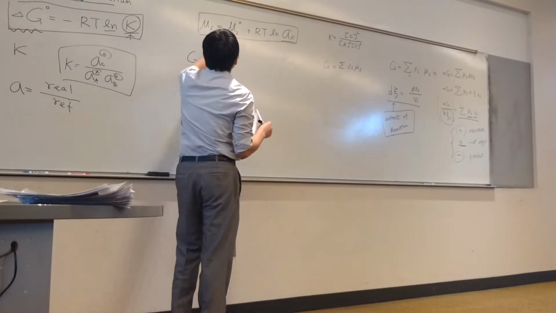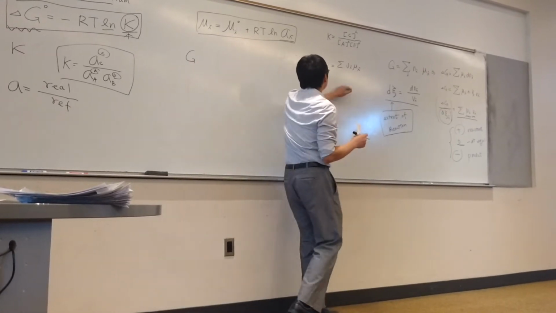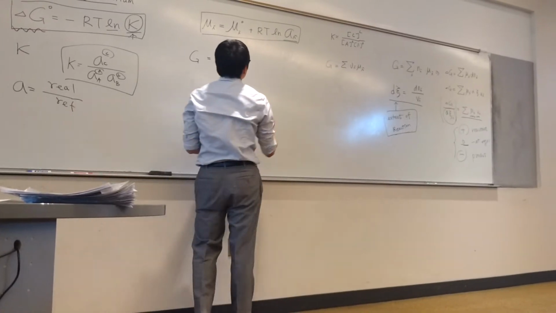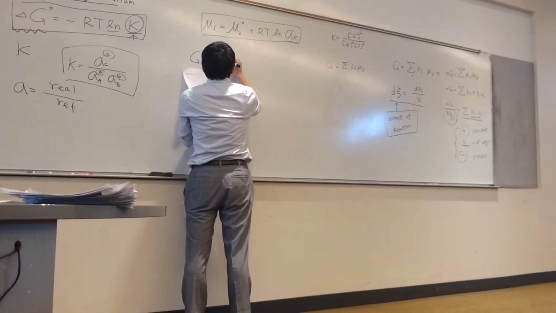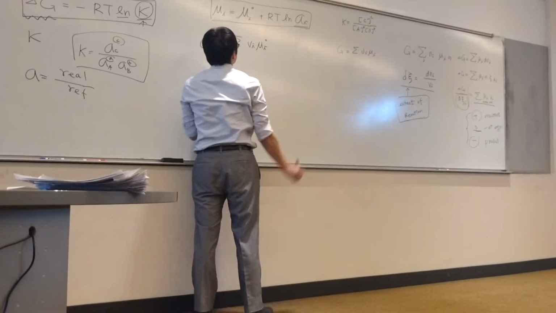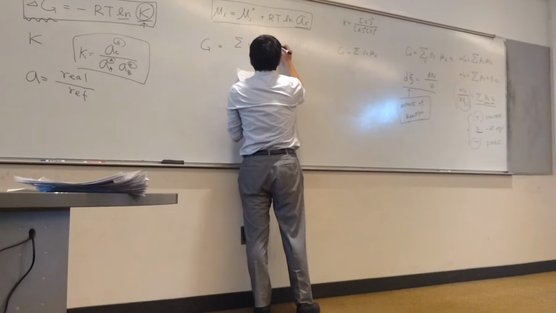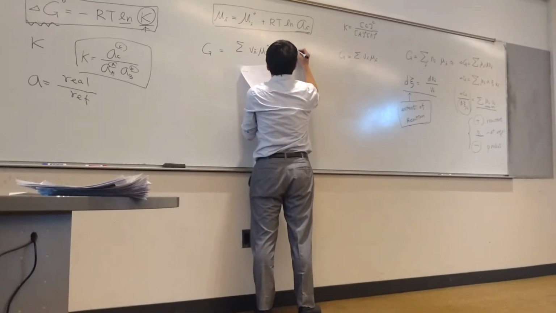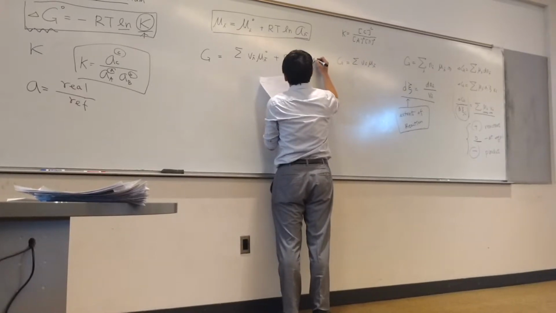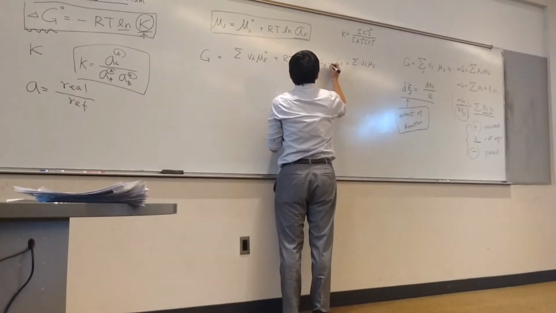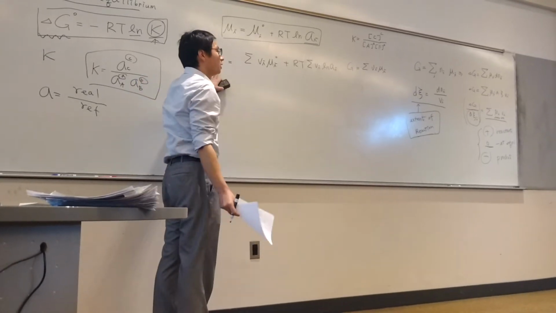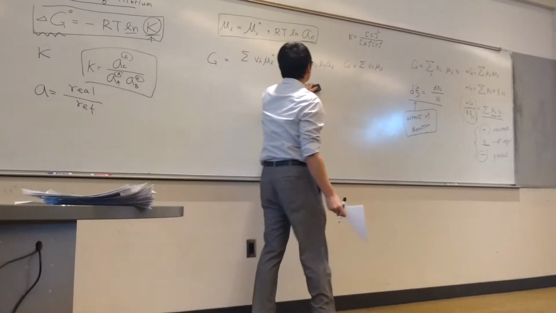If you put these things into this equation, what you're going to get is that the system G is equal to the summation of n i mu i naught plus RT summation n i natural log a i. So this is the Gibbs free energy of the whole system.